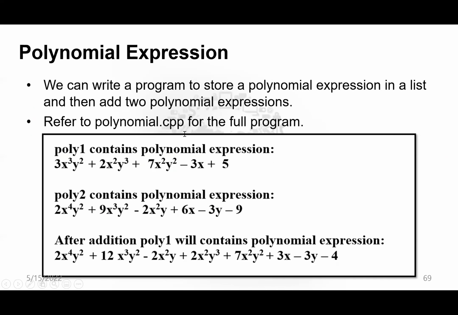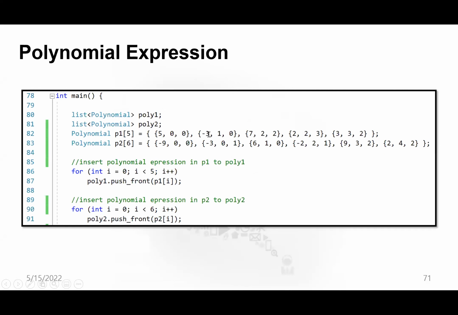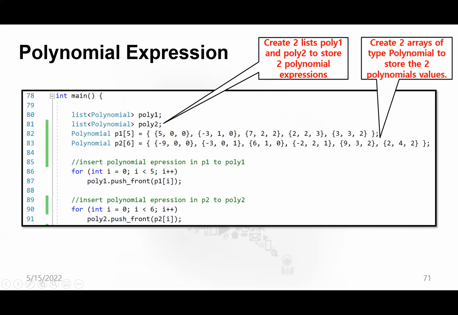Like this 5 is to represent the 5. This one is minus 3x. This is 7x power 2, y power 2, and so on. Okay, so then this P2 is for the second polynomial expression that I'm going to store in poly2. And this part here, I want the value for each of the expressions in poly1, the coefficient, exponent x and y, right?